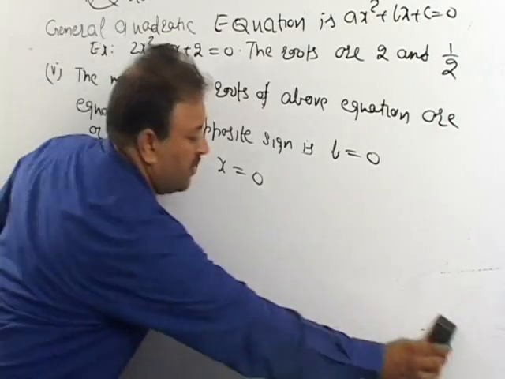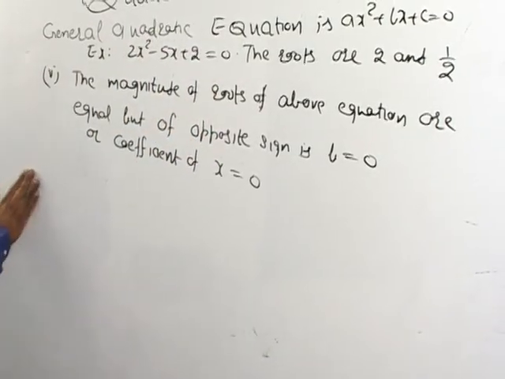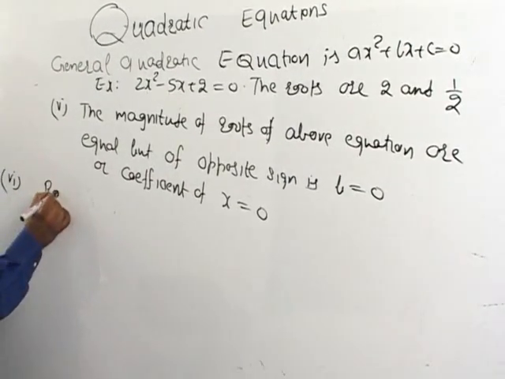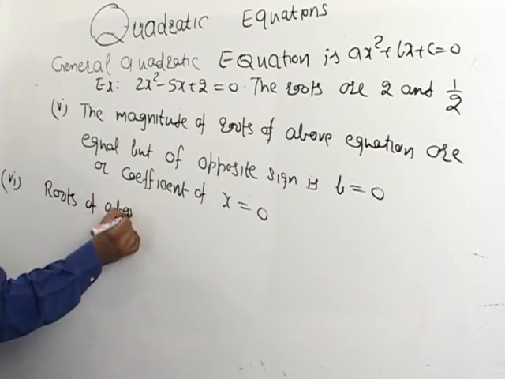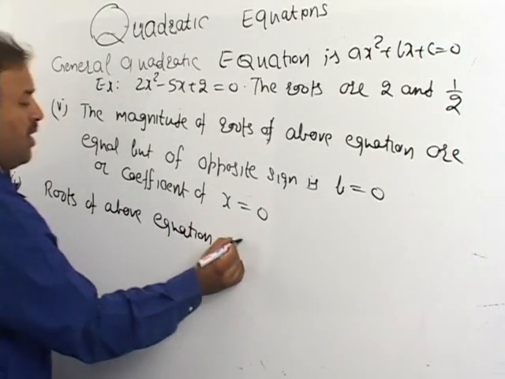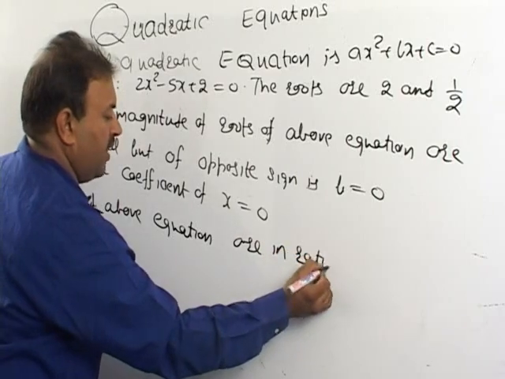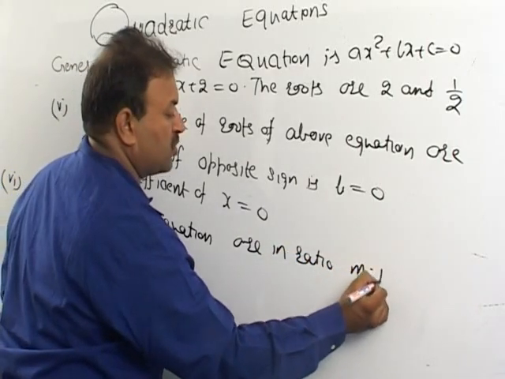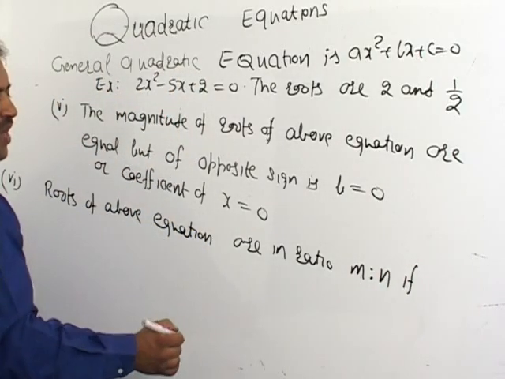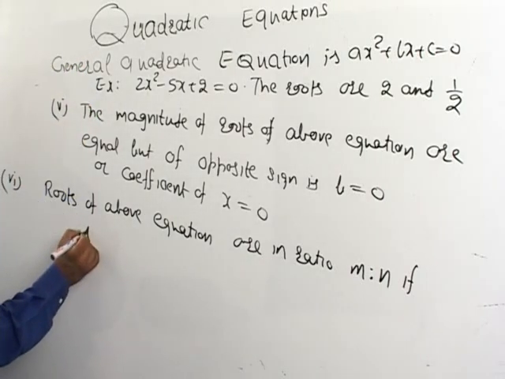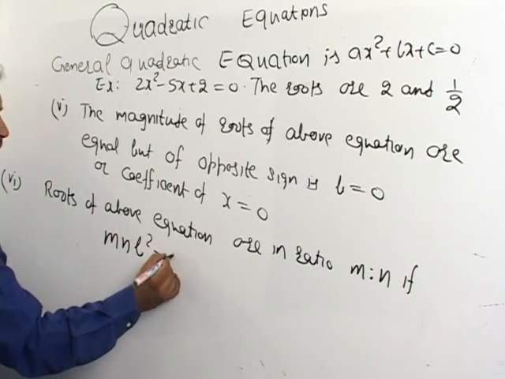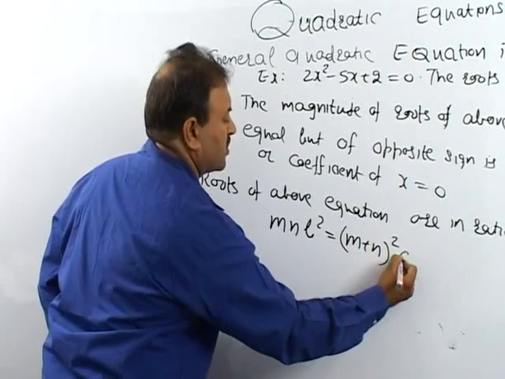and we go for point number 6. The roots of the above equation are in the ratio m/n if mn b square is equal to (m plus n) the whole square into AC.